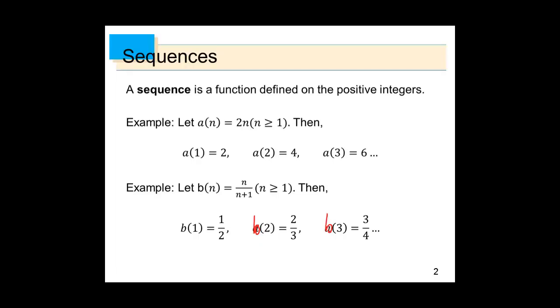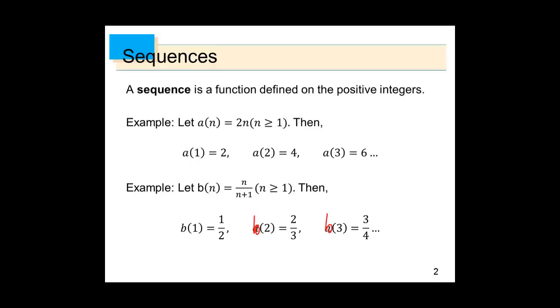So for example, look at the function a of n. It is tradition when we talk about sequences. Sequences are functions. Usually we denote functions by what letters? F, G, H, right? But traditionally, when you have sequences, people denote them by lowercase a, b, c.